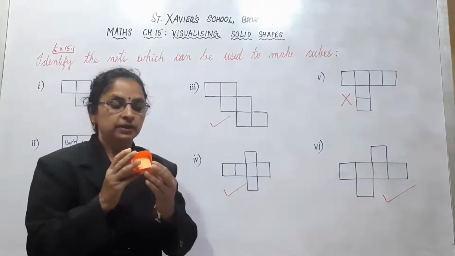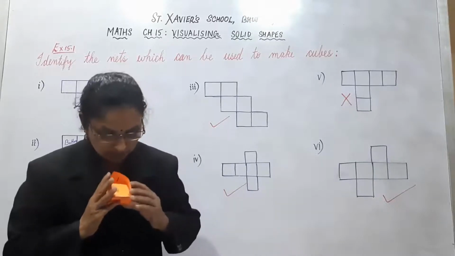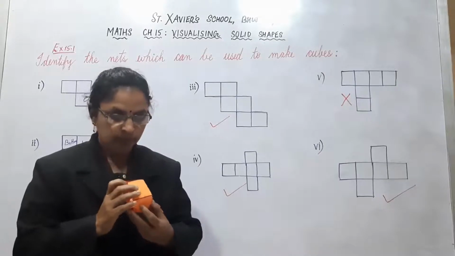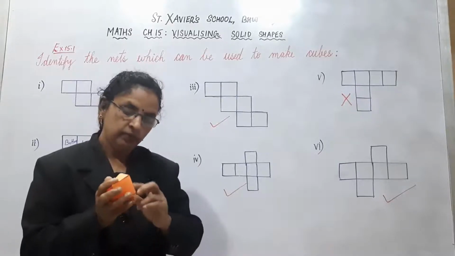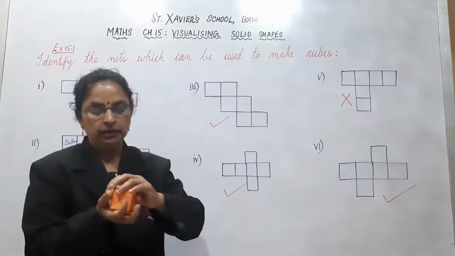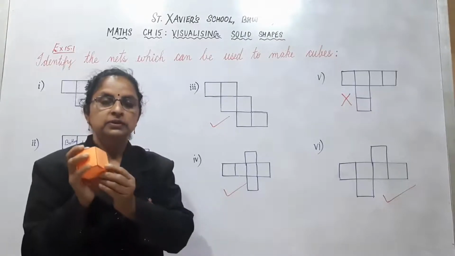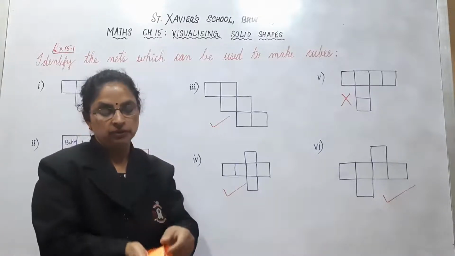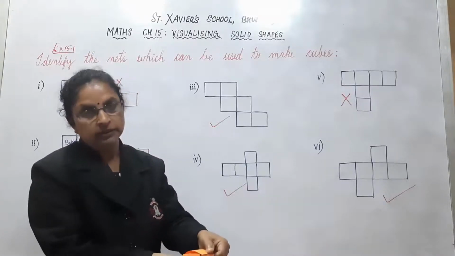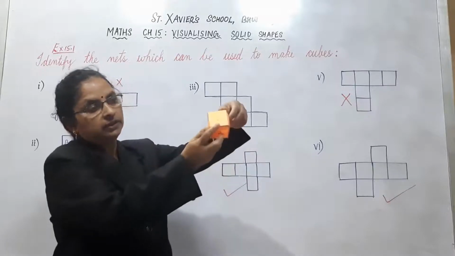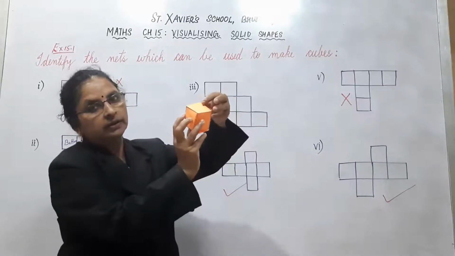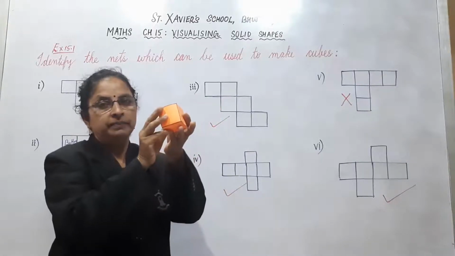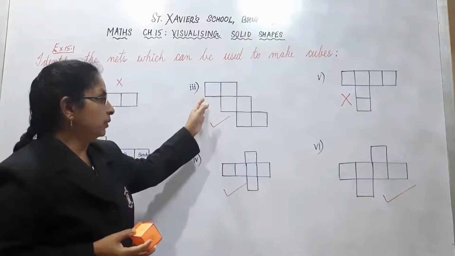You can see how it is folded properly. We can fold it properly to make a cube. See, here it is. No extra pieces, all the sides are visible. Can you see? Fine. So the third one is a proper one.